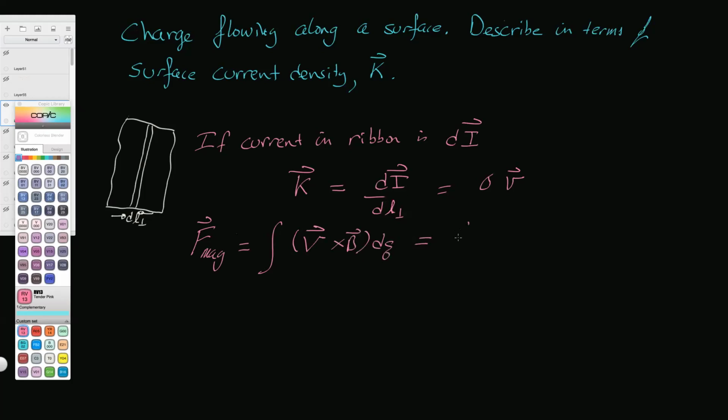In this case, that's the integral of v cross B sigma dA. And then we can now pull everything in and write this as the integral of K cross B dA.